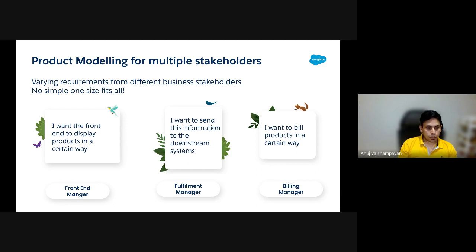So a front end manager will come and say, hey, I want the front end to display products in a certain way. Then a fulfillment manager will come and say that I want this information in the downstream system. Billing managers will say that I want to bill products in a certain way.